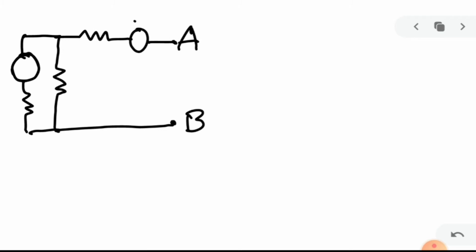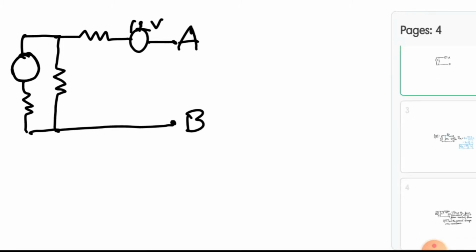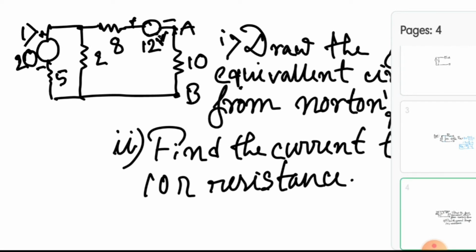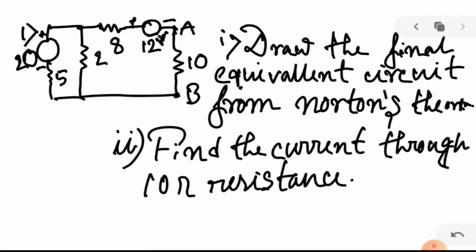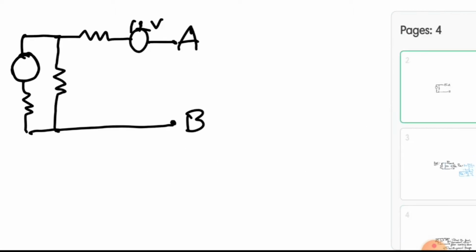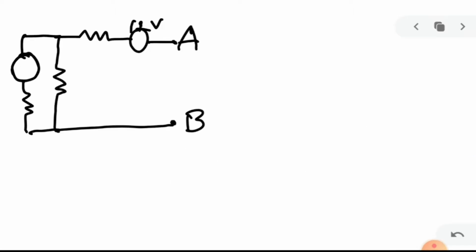Whichever terminal we need to calculate the current for. In this question, it says the current through the 10 ohm resistance, meaning the 10 ohm is in AB. So we need to remove that AB element, like in the VTH circuit. So draw circuit 2. Here it is 8.